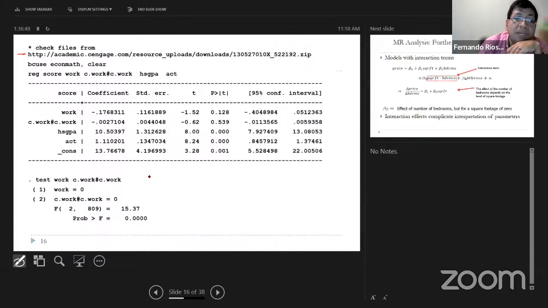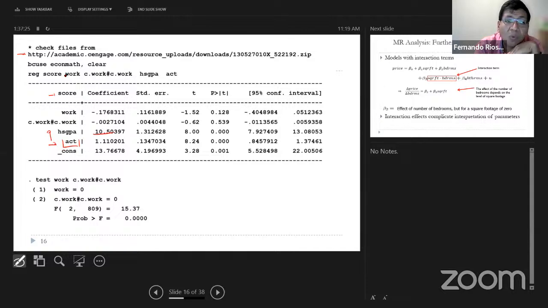So in theory, you should expect that people with higher GPA will have a better score because they were better prepared. They were good students in high school. Then most likely they're going to have a good score right now, either in college, etc. ACT, in this case, contrary to the evidence we had from a previous exercise, it seems that if the person passes the ACT exam, his score should also be higher.